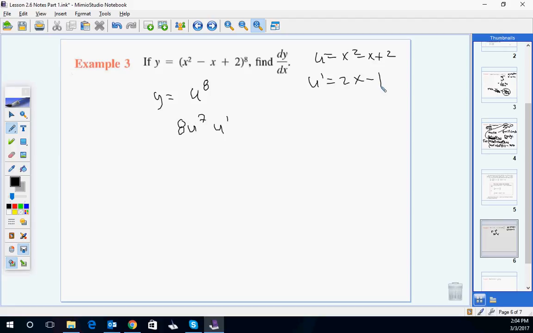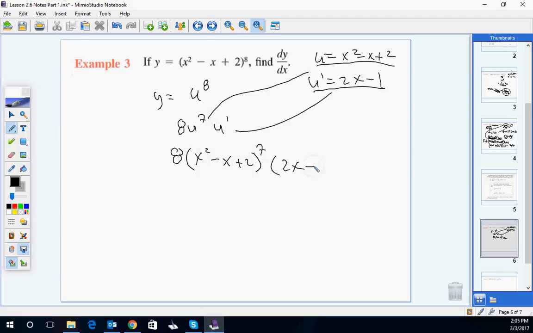Now we have what u prime is, plug it in. We have what u is, plug it in. So we're back to x's. 8 times x squared minus x plus 2 to the 7th times 2x minus 1. That's the derivative. And you're done.